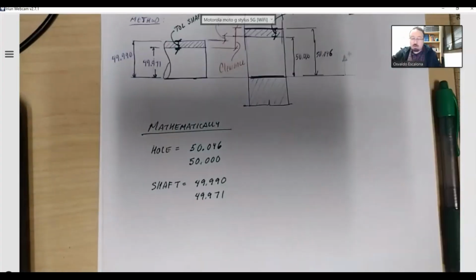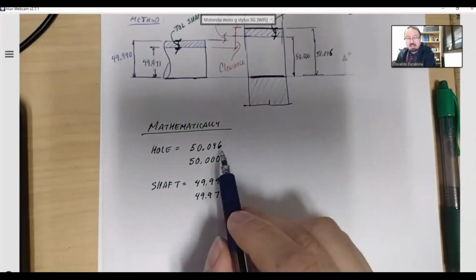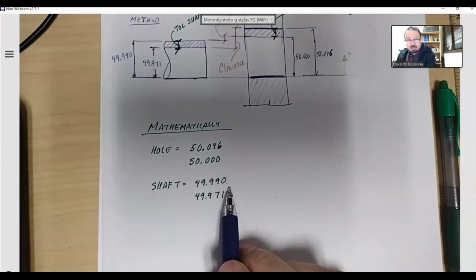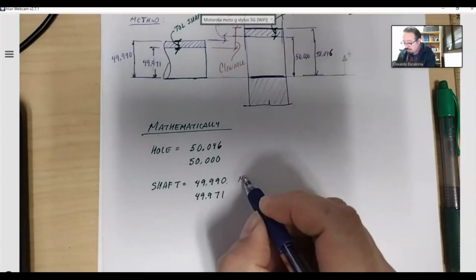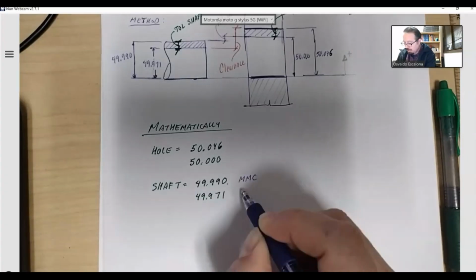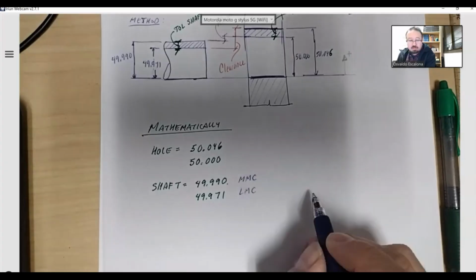So you just write it. If you want to do the mathematical testing, put it in direct limits. Then you have to identify the maximum material condition and the least material condition. For the shaft, the maximum material condition is the biggest shaft, and the least material condition is the smallest shaft.